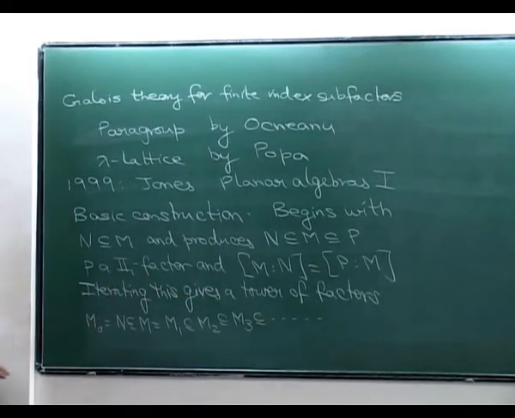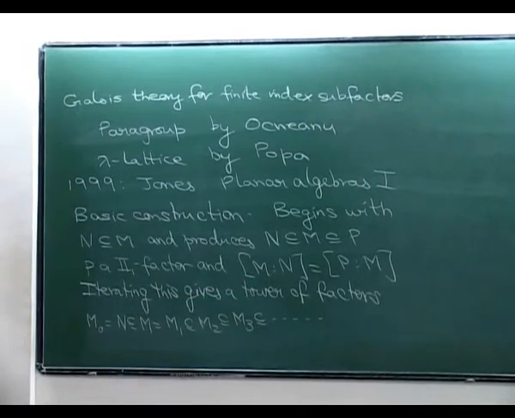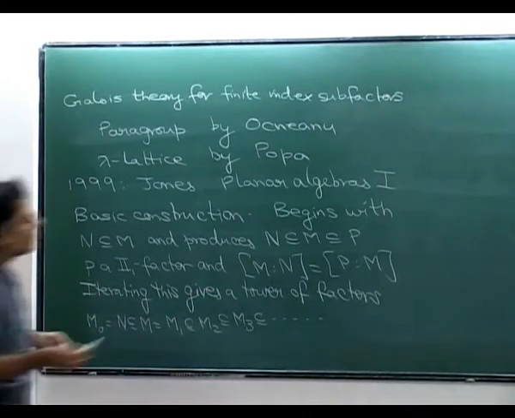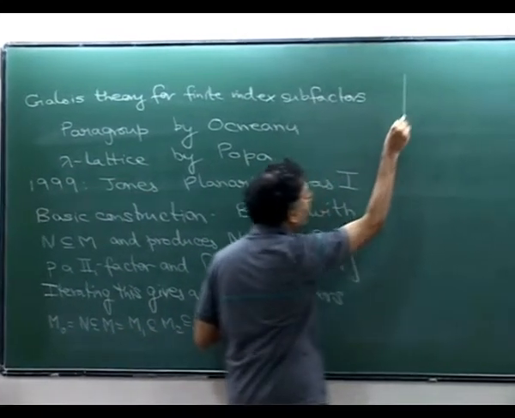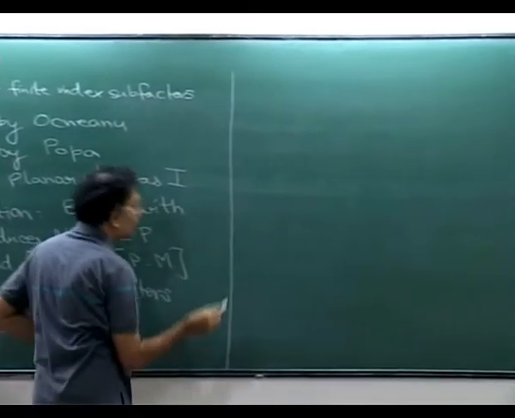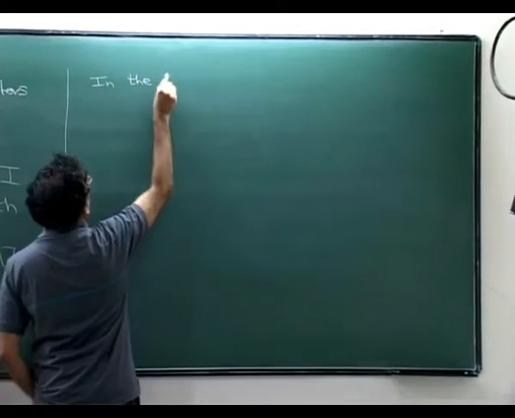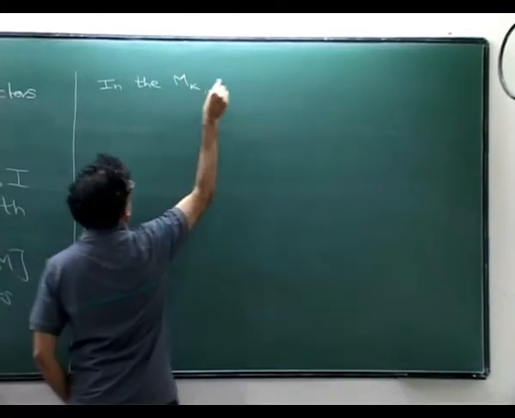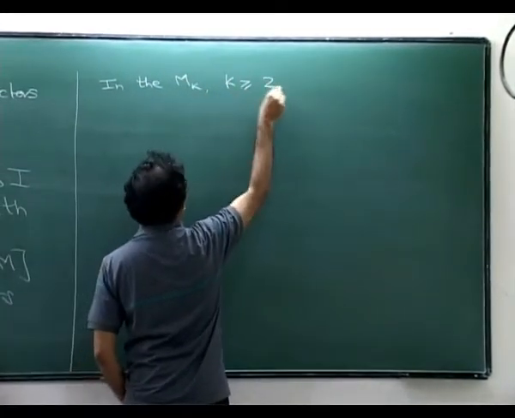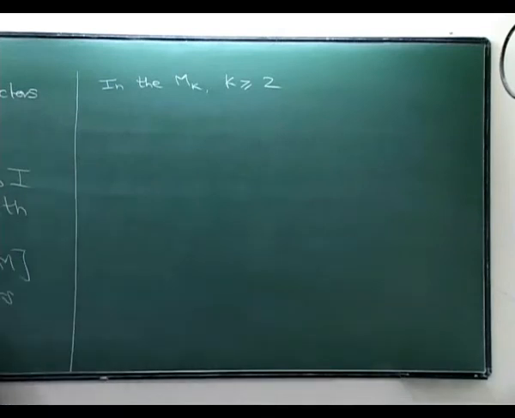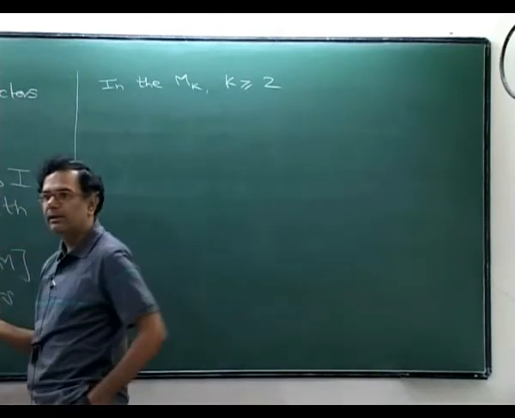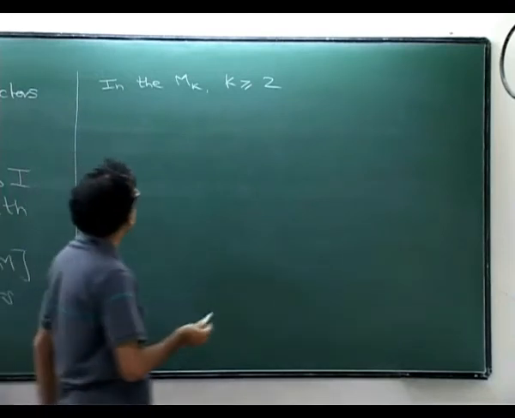Now not only do you have a tower of subfactors, he also produced, in fact the whole thing was constructed, so in the M_k. Starting with n and m, and starting with the next one, M2, M3, M4, and so on, there is a distinguished projection in this one-dimensional algebra.